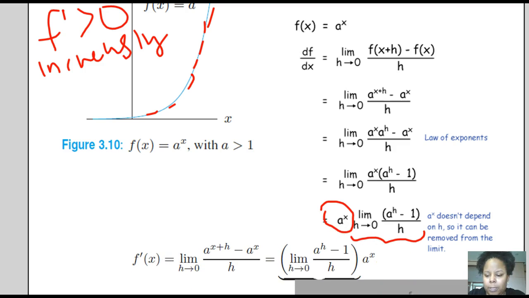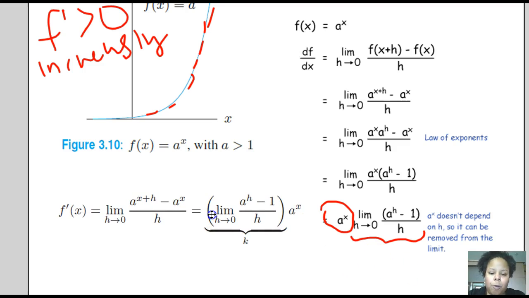So far what we can say is that the derivative of f, the exponential function, is going to be the result of multiplying a to the x times some k value, where k is the limit as h approaches 0 of a to the h minus 1 over h. So let's take a look at what this limit is numerically.